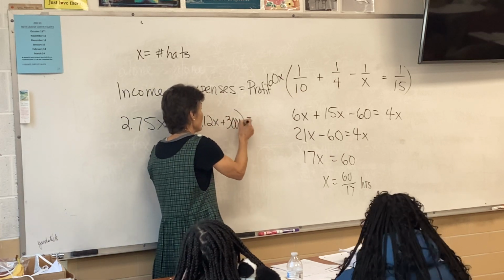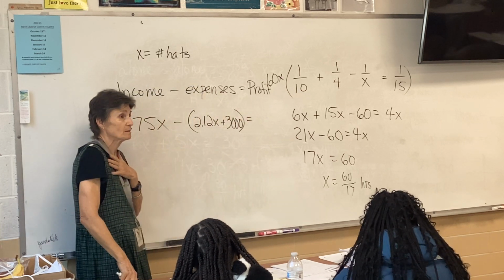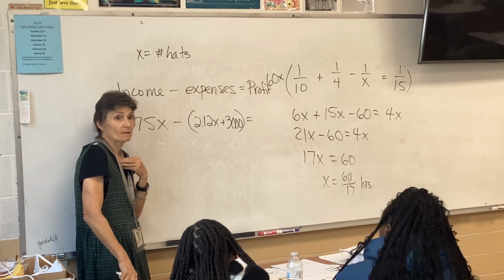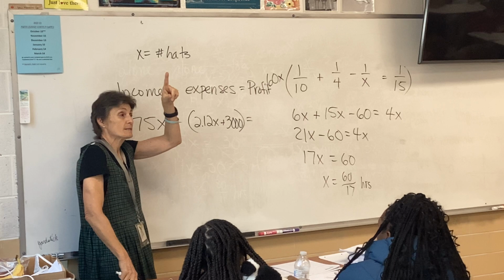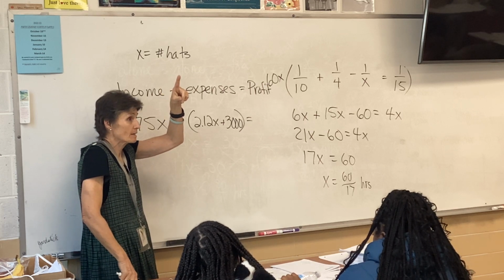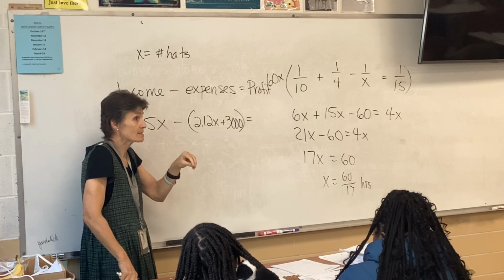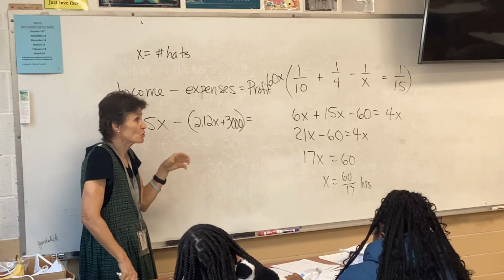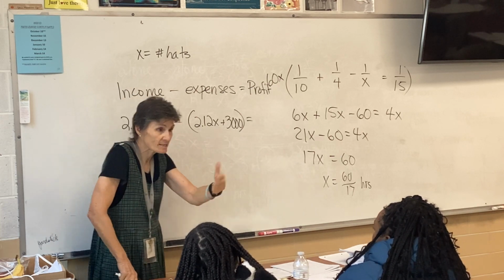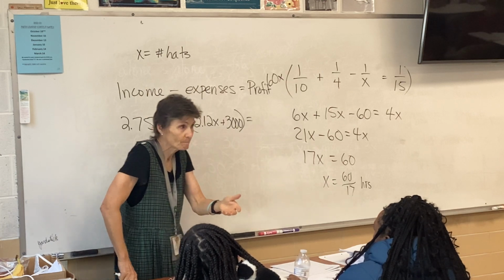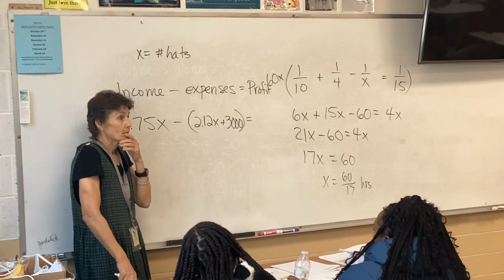Does anybody know what we mean by overhead? It's like the light bill, the water bill, the taxes on the building, the insurance. It's all the other things that go into making a hat.